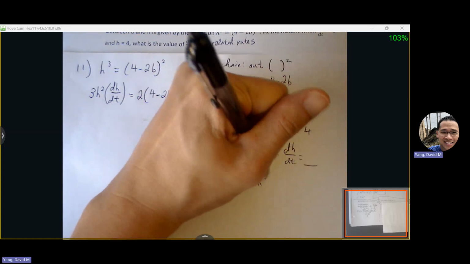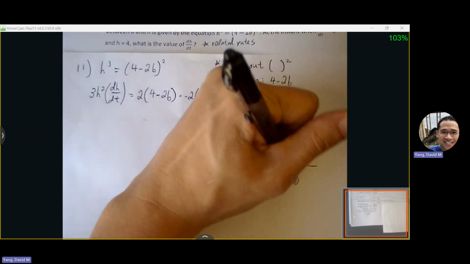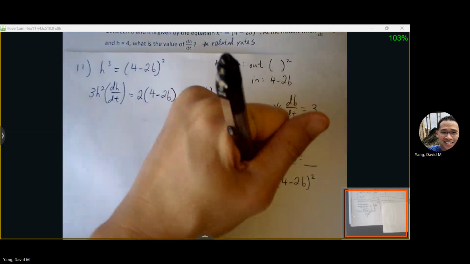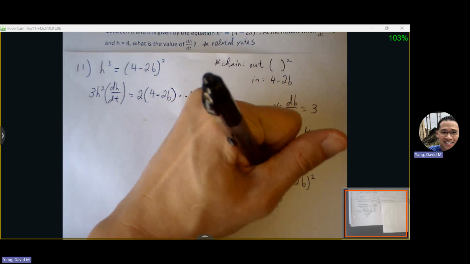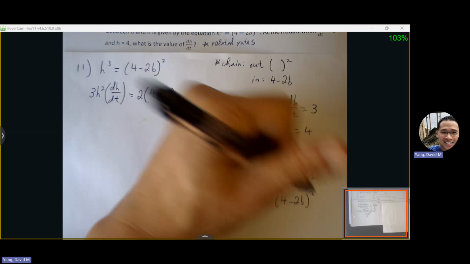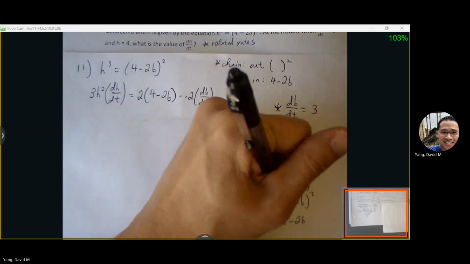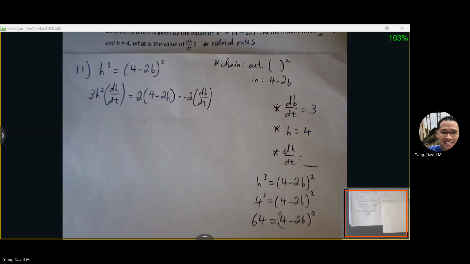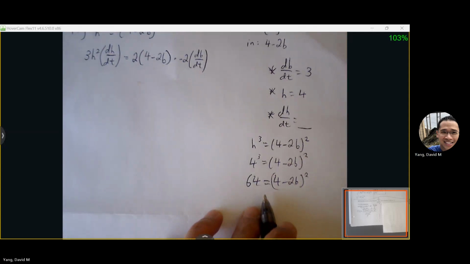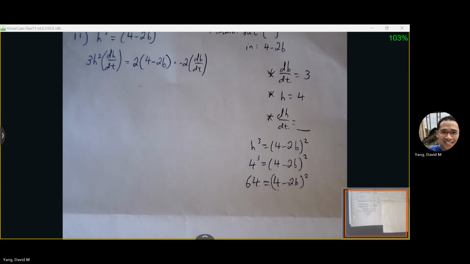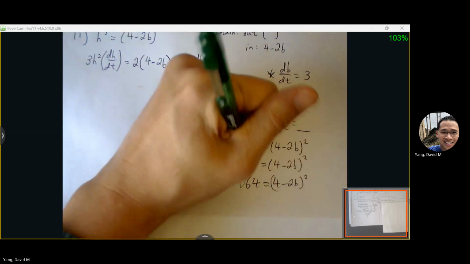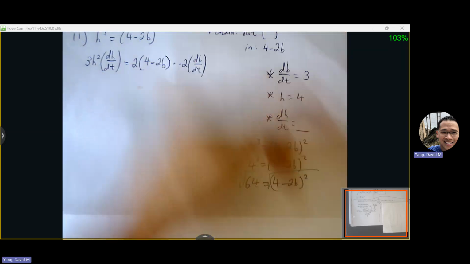So H cubed equals 4 minus 2B squared. 4 cubed equals 4 minus 2B squared. 64 equals... take the square root. Plus or minus shows up.